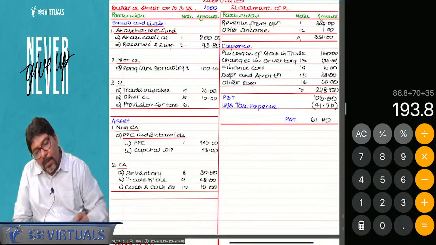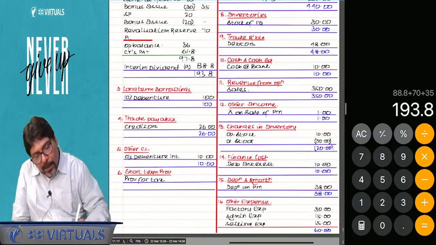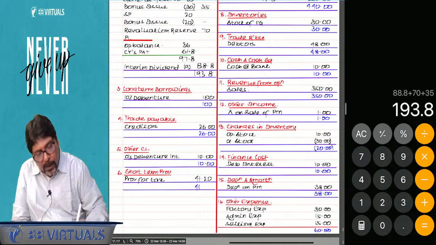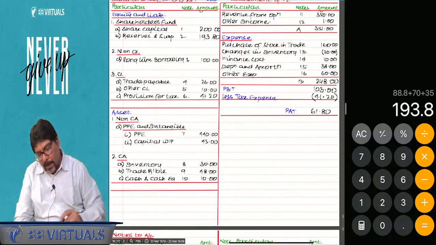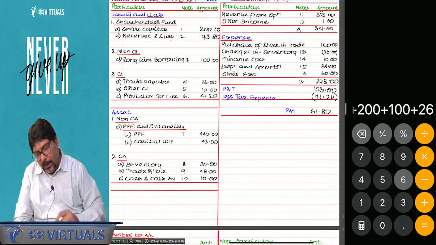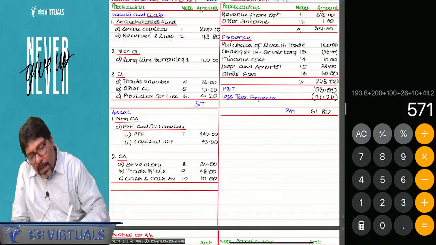Correct. Then provision for taxes, 41.2. Plus 200, plus 100, plus 26, plus 10, plus 41.2. 571.